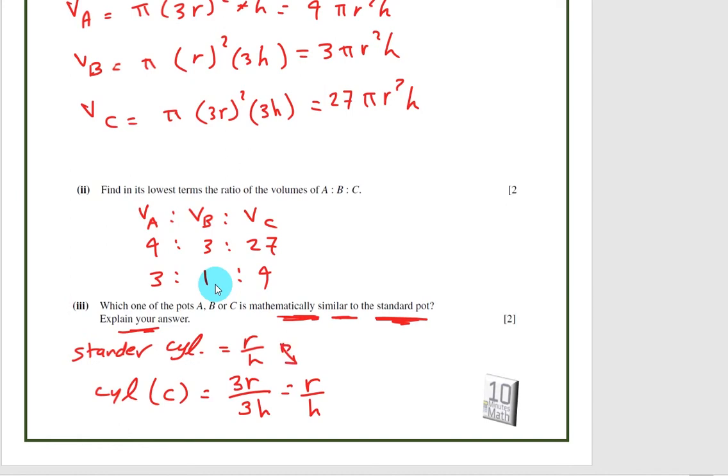So the one which has the same ratio, mathematically similar, is cylinder C.